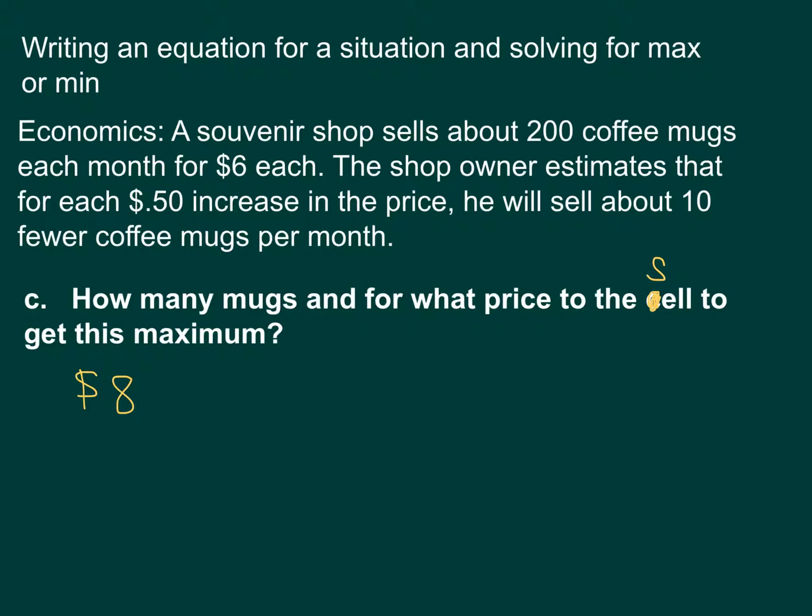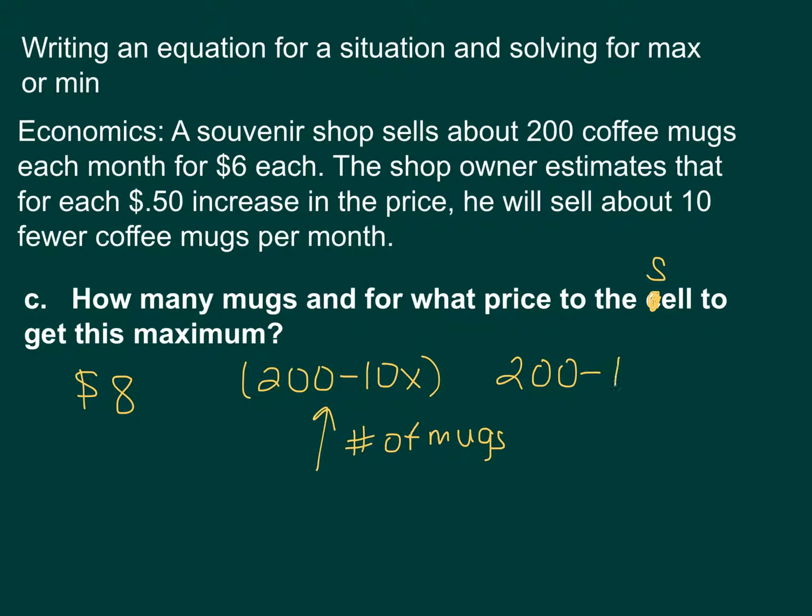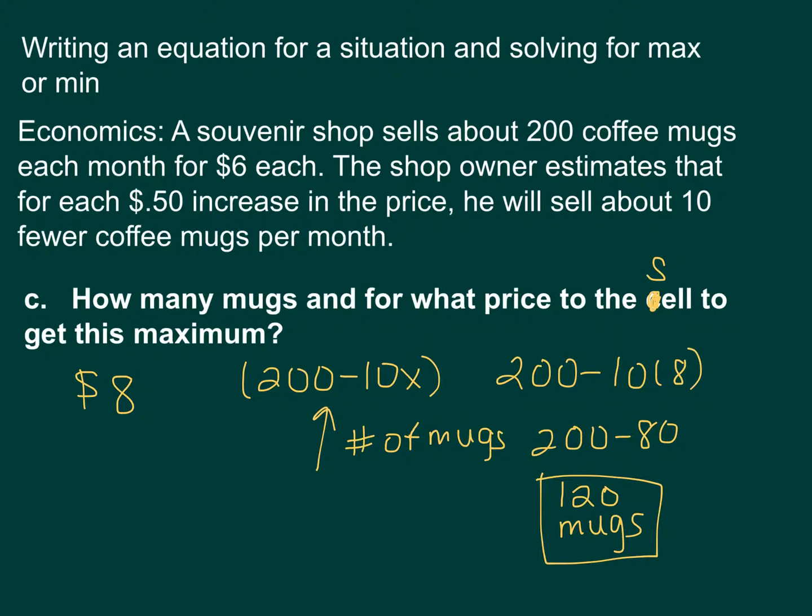Well, if you go back to your original function, before we multiplied it out, we had 200 minus 10x, and that was the number of mugs. So we can do 200 minus 10 times 4. So that's 200 minus 40. That's 160 mugs sold. Another way that you could have solved that was to take your total profit and divide that by 8, and you would have also got 160 mugs. And that's it for that one.